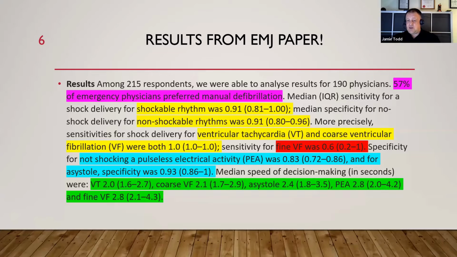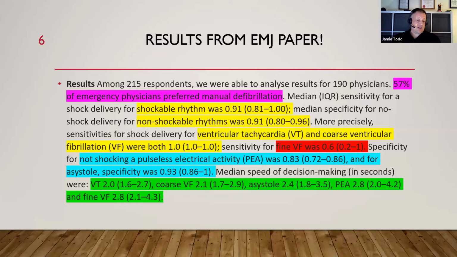So the outcome of the paper really shows that people are sometimes poor at recognizing rhythms. Only 83% of the time did they not shock a PEA, and 93% of the time not shock asystole. And the speed of decision making is of interest as well. VT an average of 2 seconds, coarse VF 2.1, asystole 2.4, PEA 2.8, so longer, and that probably is reflective of the multivariate nature of PEA, trying to see some regularity in it before we can declare it's not a random rhythm.